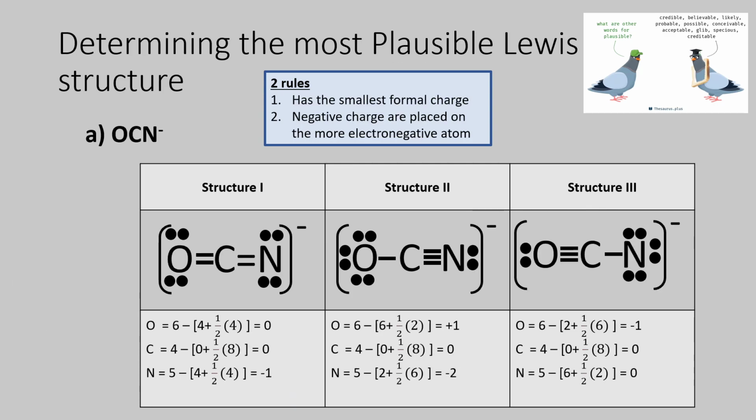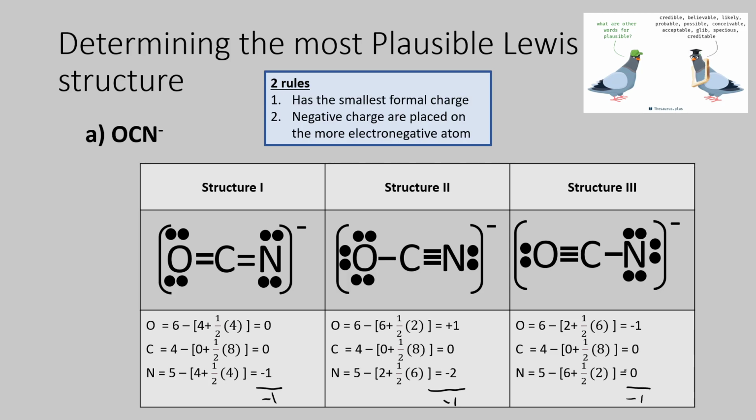Sometimes, okay, look at this, OCN minus. Kita buat Lewis structure, kita dah fikir habis semua ni, kita dapat 3 structure. So and then kita kira punya formal charge. So the total formal charge, this one kita dapat negatif 1, this one 1 tolak negatif 2 kita dapat negatif 1, this one dapat negatif 1 juga, kan?